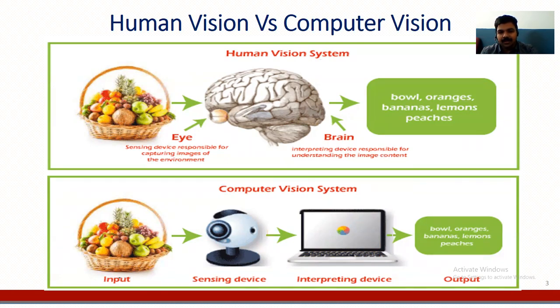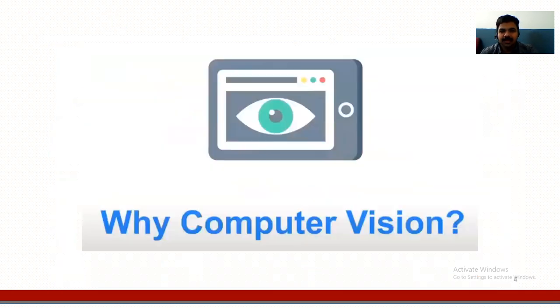Like that, in image processing, we may use thousands of images, or lakhs of images, or even millions of images to train the machine to understand different objects. Once the machine learns about different objects with their labels, then the machine can easily recognize what object it is, and it can easily classify and localize the object. So this is the relationship between human vision and computer vision.